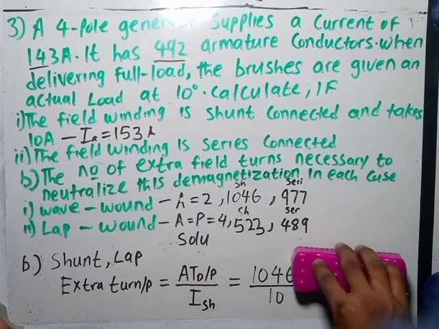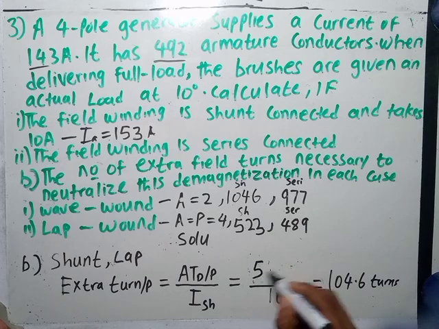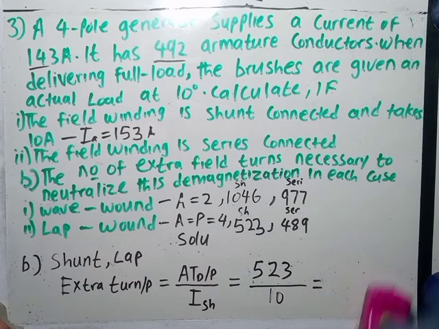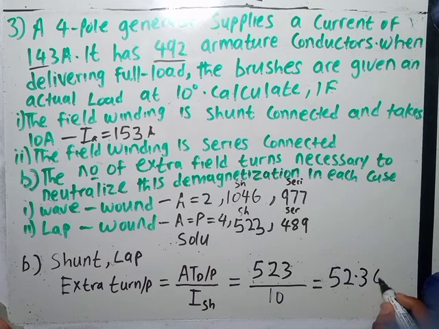So we'll be replacing this value here with 523. And hence our answer will be changing to 52.3 turns. That's for the shunt lap.